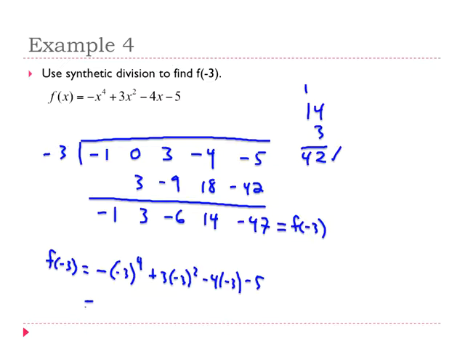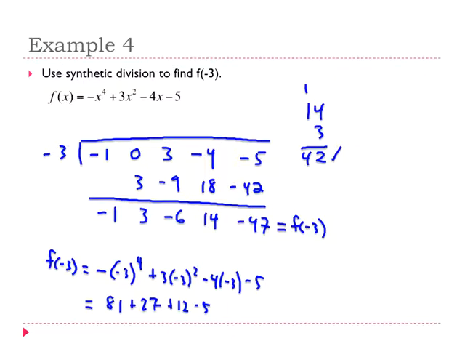It's not that bad, but it's kind of a pain. So negative 3 to the 4th power is negative 81, but it's the opposite of that, so it's positive 81. Negative 3 squared is 9. 9 times 3 is 27. Now I'm feeling like we're not going to get the right answer, so let's see here. Negative 4 times 3 is positive 12 minus 5.